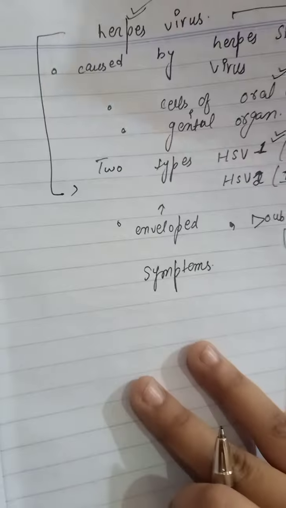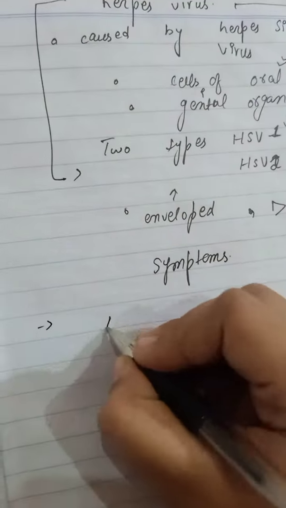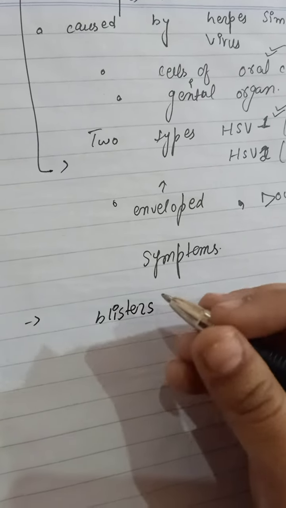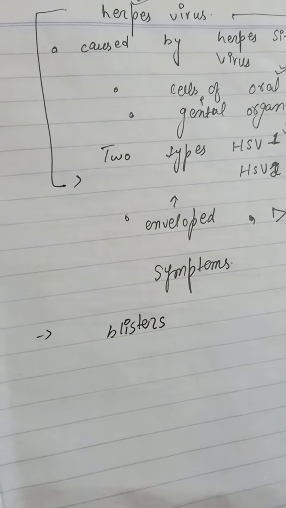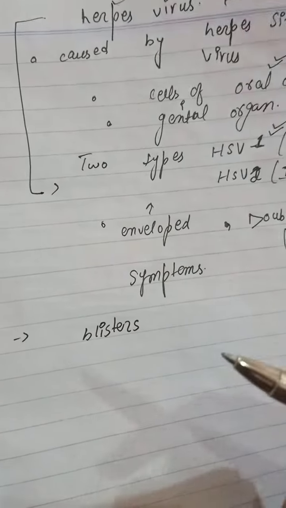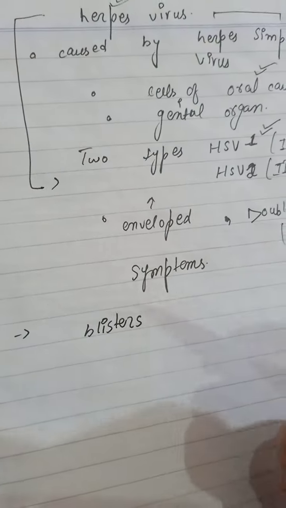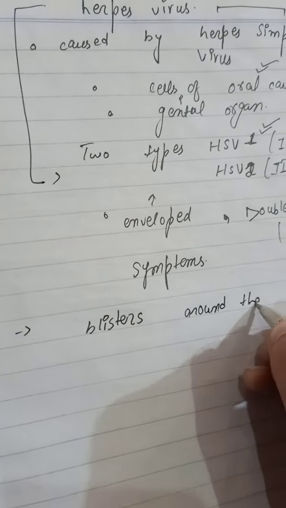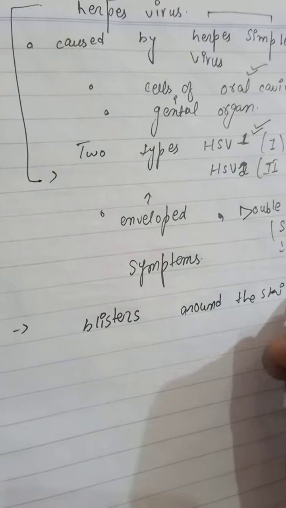Now let's move towards the symptoms of the herpes virus. The most common symptom of the herpes virus is blisters, which are small sores on the skin around the mouth or oral cavity.